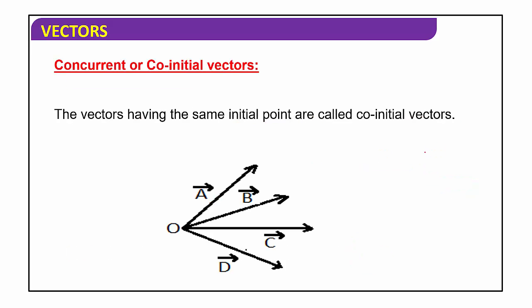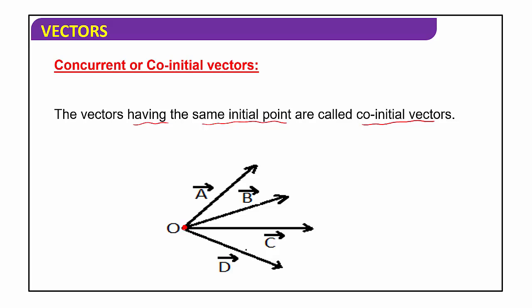The next one, concurrent or co-initial vectors. That means the vectors having the same initial point are called co-initial vectors. If all the vectors are starting from the same initial point, you can observe this picture, it will be very clear.